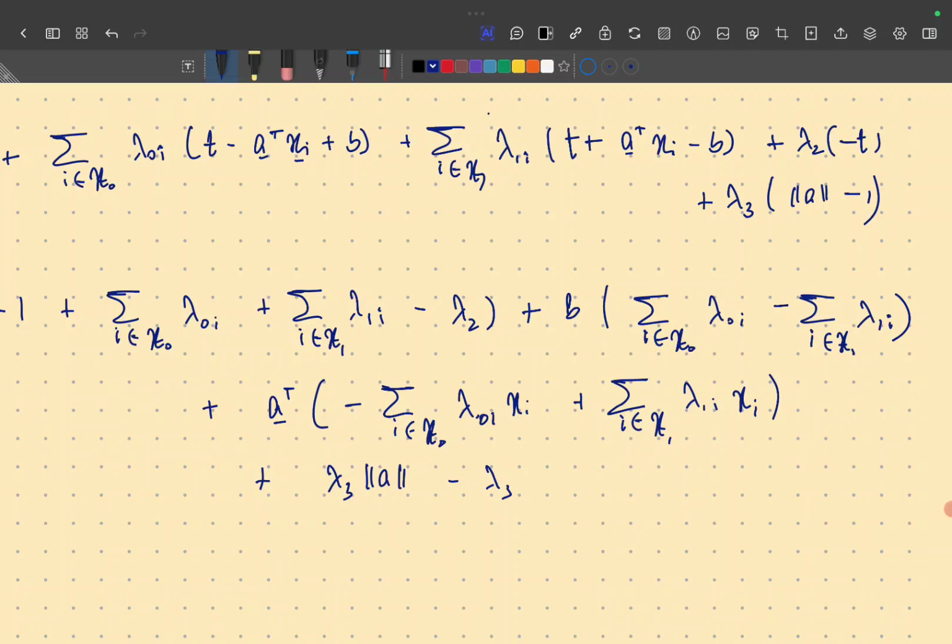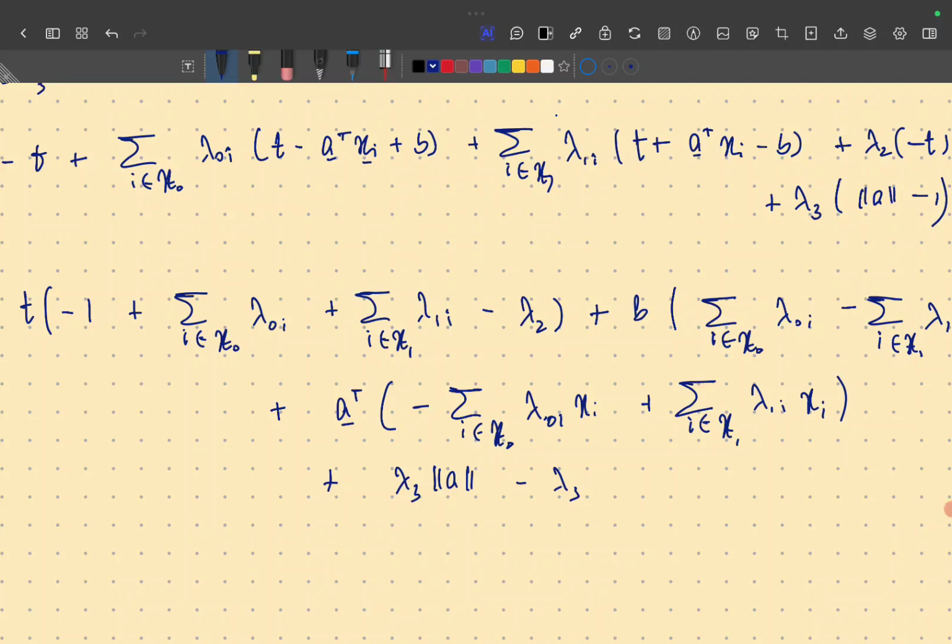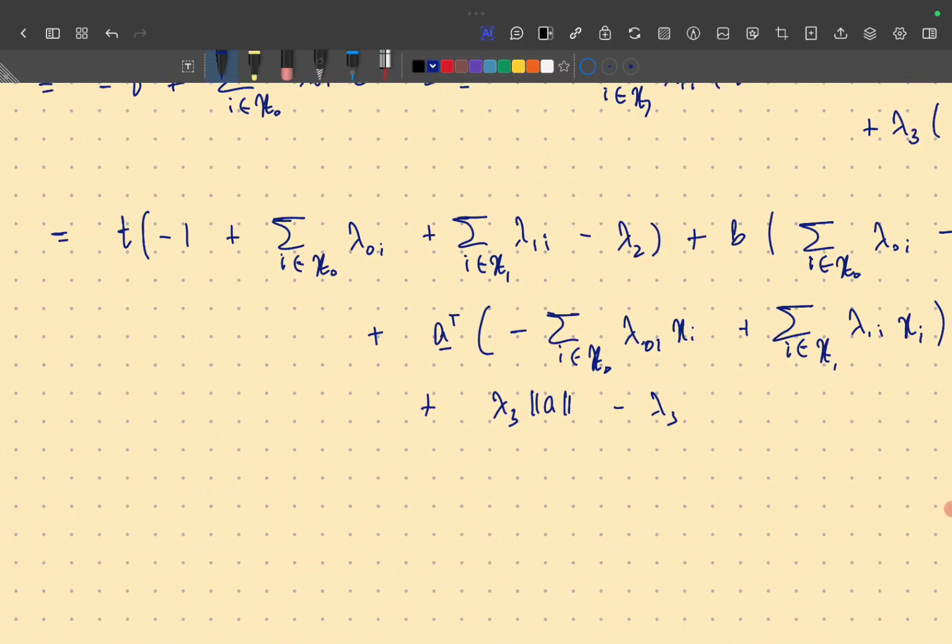Correct? So now I effectively have different terms. I have three sets of variables, a, b, and t, and I need to take the infimum over a, b, and t. The nice thing is that there are no terms involving b and t, or b and a, or t and a. They're all nicely separated out. That's one of the reasons why I wanted this specific formulation. It becomes easy to construct the dual.